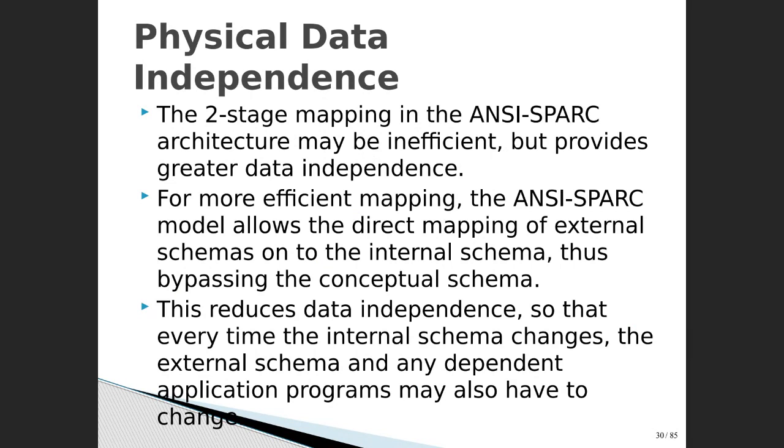All right. Now, it's a two-stage mapping. Here they are saying that it might be inefficient, but it will provide data independence. The two-stage mapping might be inefficient, but it will ensure great data independence.